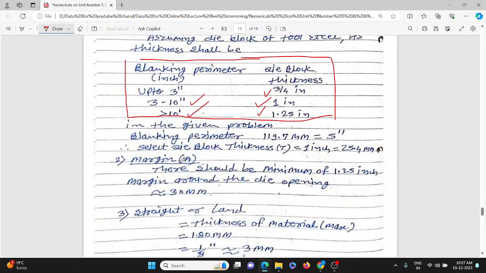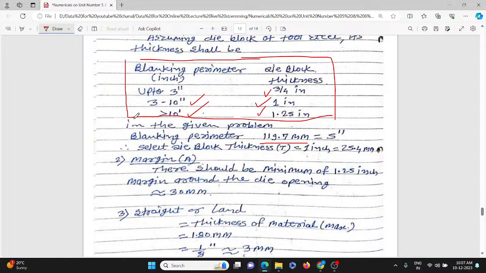These standards we have to use, and accordingly you can select. In the given numerical, the blank perimeter is given as 119.75 mm, which we have calculated. The blanking perimeter is 119.7 mm, and if it is converted into inch, it is 5 inch.